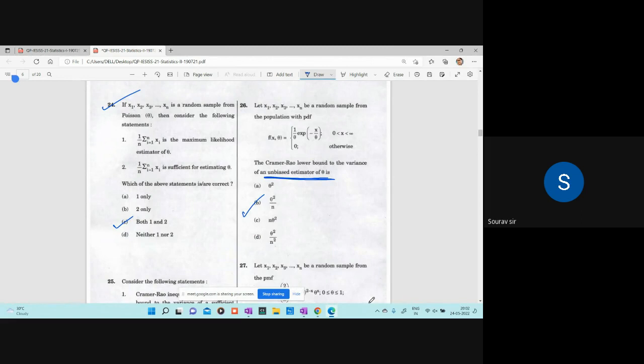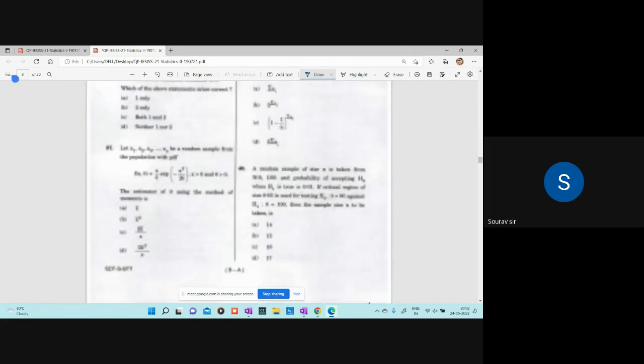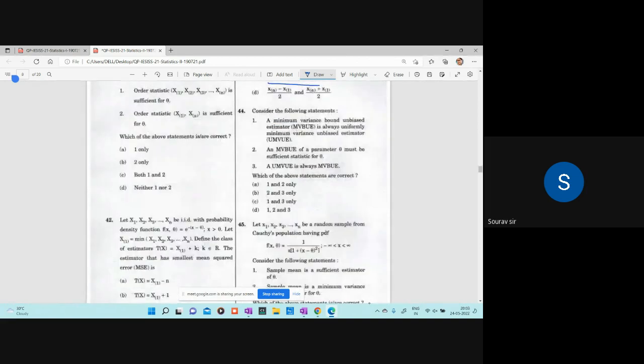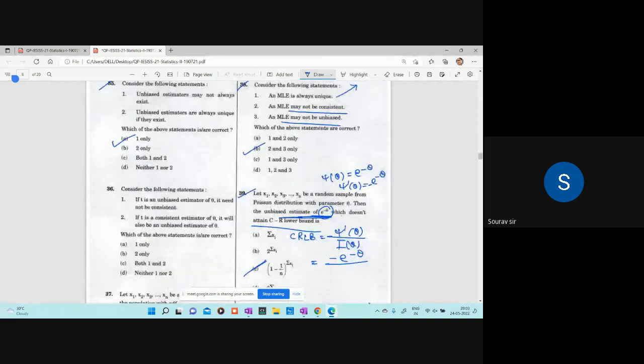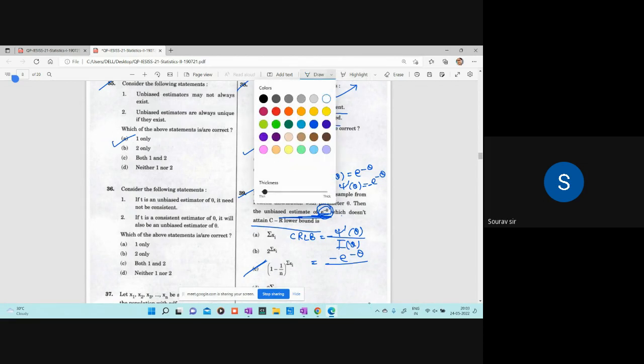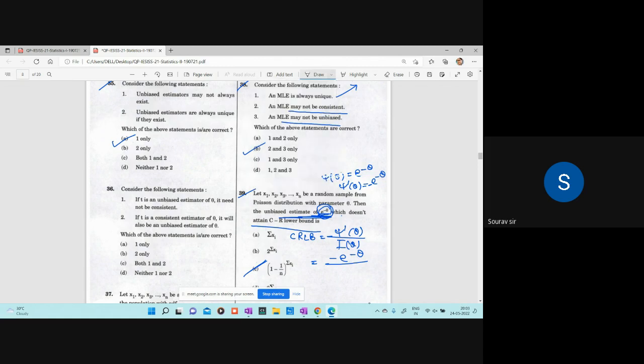Yes, an unbiased estimator of theta. Here the unbiased estimator was of theta itself. Here it was the unbiased estimator of e to the power minus theta. So you need to get that function as phi theta, which will be the unbiased estimator of e to the power minus theta.